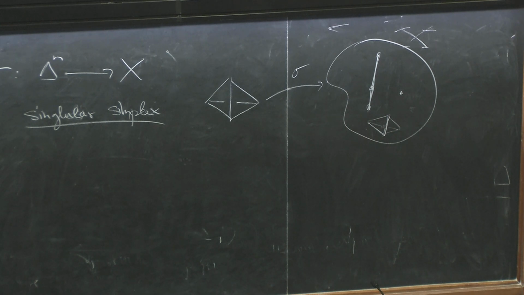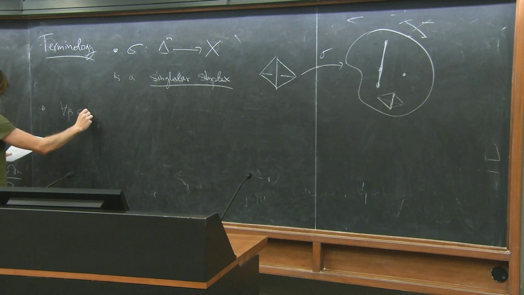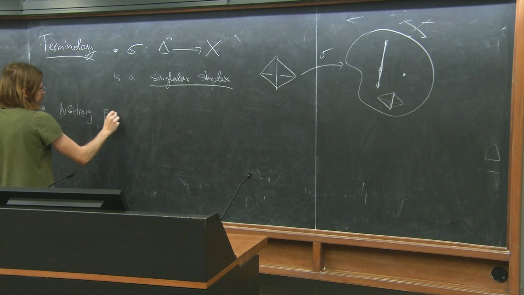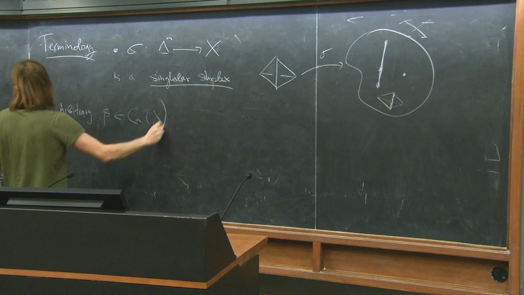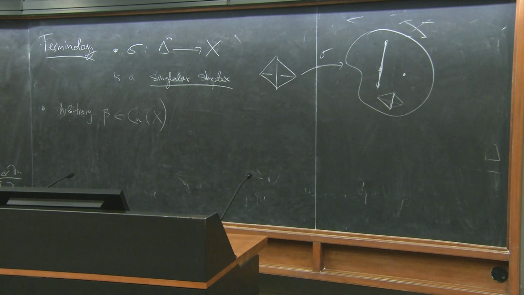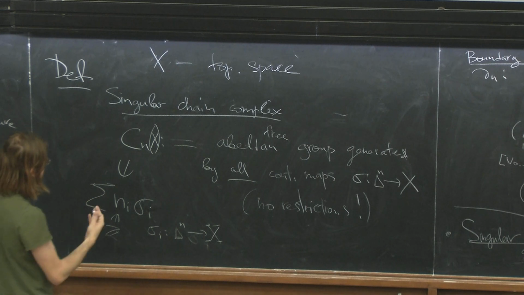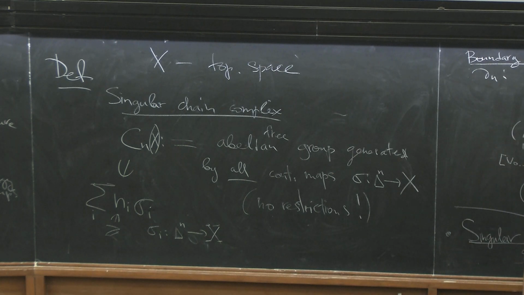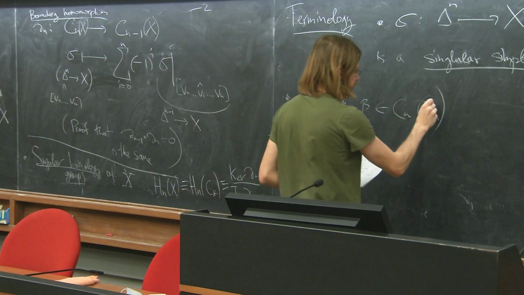Okay, and now if you consider some arbitrary element in our group Cn of X. Sometimes in this definition of the singular chain complex we will write explicitly the choice of topological space, but sometimes we are not going to do this, if it's clear what topological space we have.